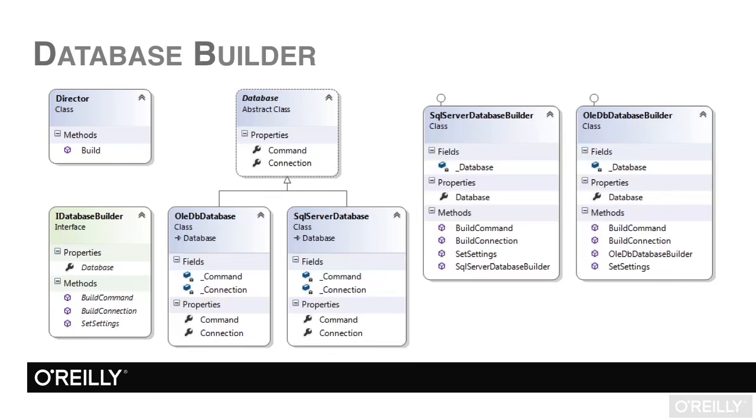In the constructor, it'll build up a new database object, and then as each method is called, it'll build up that database object so that when the final set settings method is called, the database will be fully rounded out and it will be able to return it. The OLEDDB database builder does the same thing, except it's going to create an OLEDDB database instead of a SQL Server database. So that's the idea of the builder pattern. And the whole point of the builder pattern is to take a complex construction and to hide all of those implementation details from the application code.